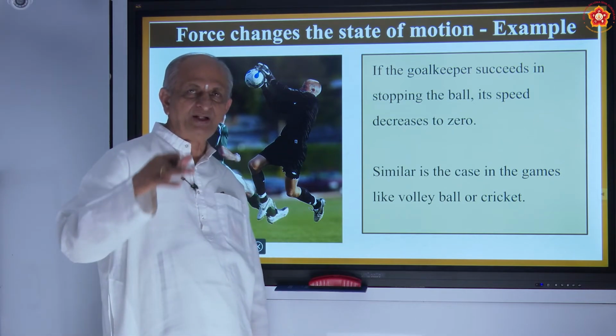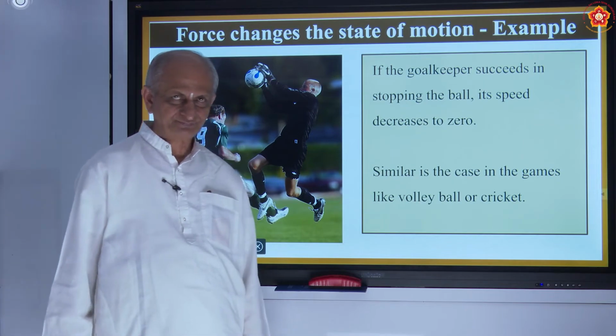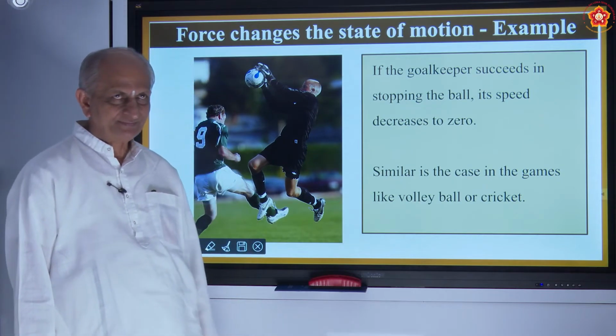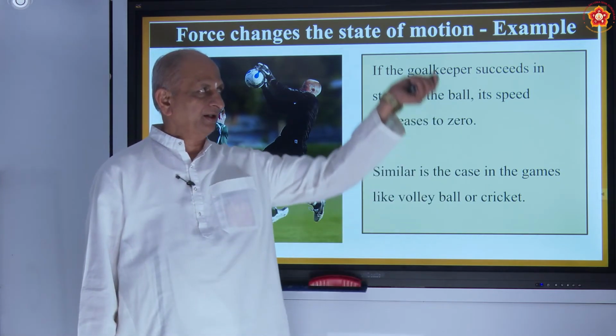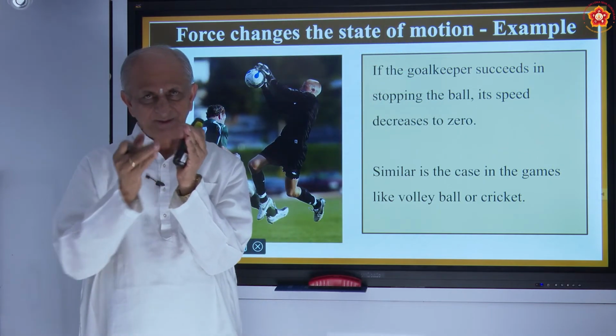The speed of the ball is reduced or it is stopped. Correct? And if the ball is coming in the air, he may catch it also. Sometimes they run and catch it.